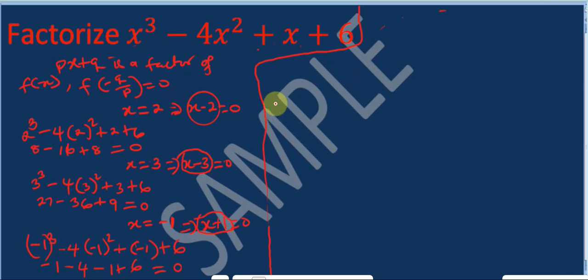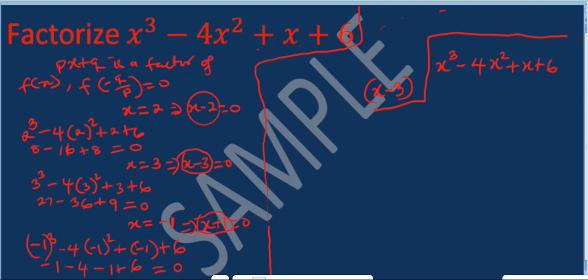So for me to get the remaining, the second and third factors, I'm going to divide this polynomial by x minus 3. So doing that, I'll just draw the line of division here like this. Long division. There's x minus 3. I'll write the polynomial here: x raised to the power of 3 minus 4x raised to the power of 2 plus x plus 6.